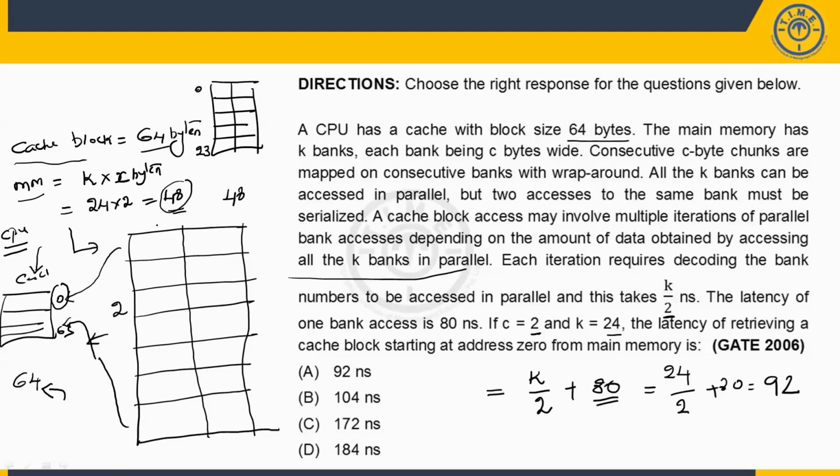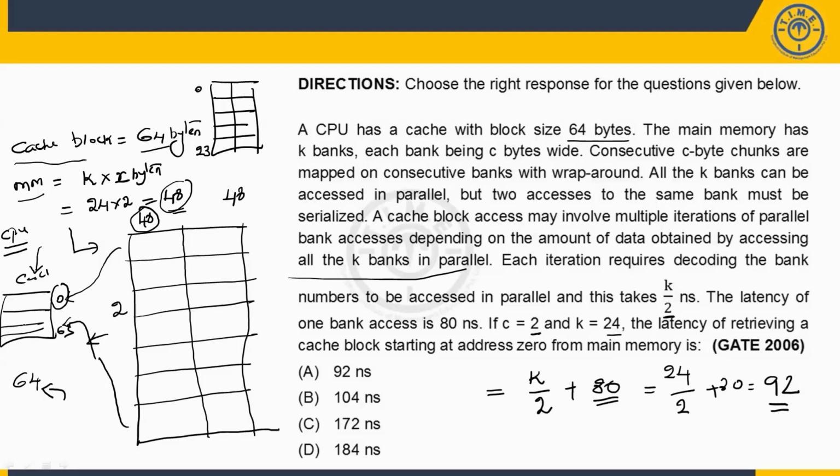When you access main memory once, you will only be able to get 48 words. These 48 words are not sufficient to fill the cache memory. Here, we are trying to find out the total time required to make a transfer from main memory to the cache memory block. Now, there's a miss. A block must get transferred from main memory to the cache memory. This takes 92 nanoseconds, but in 92 nanoseconds, you'll only be able to fill 48 words.